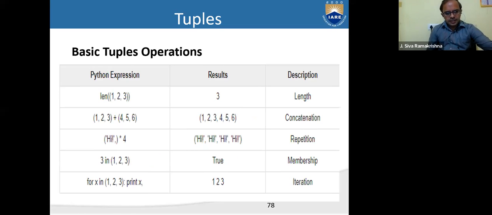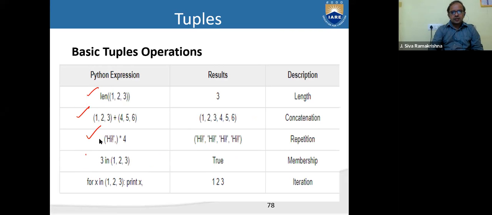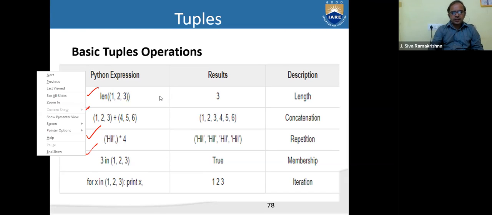And see these operations. What are the possible operations we can perform? You can find the length. You can concatenate two tuples, multiply, and you can verify whether an element is in the tuple or not. Any doubt?